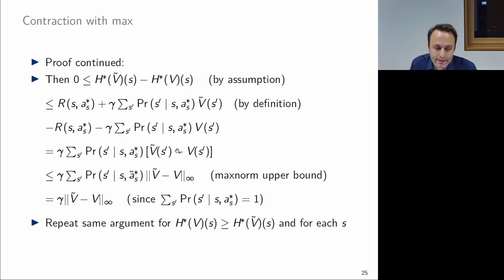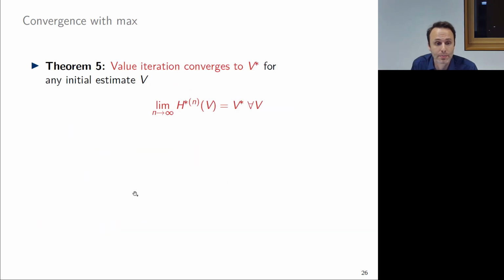And then, instead of these value functions, we can use the upper bound of the max norm here. And if we do that, we can then also use the fact that this sum of the transition matrix is going to be 1. And so we can write gamma times the maximum distance between the two estimates of the value function. So we have again this contraction mapping property.